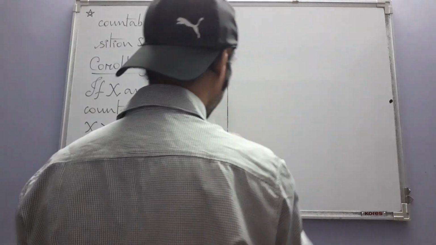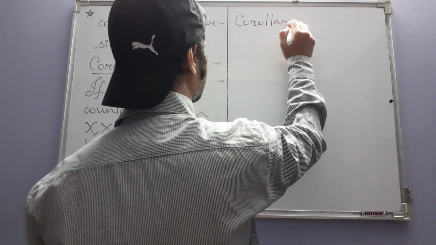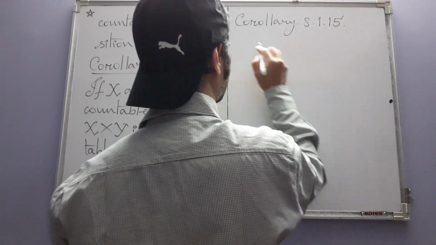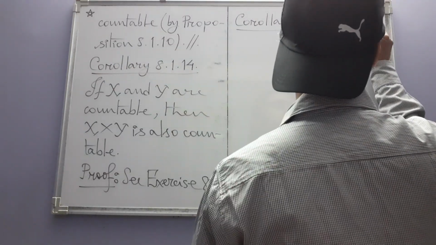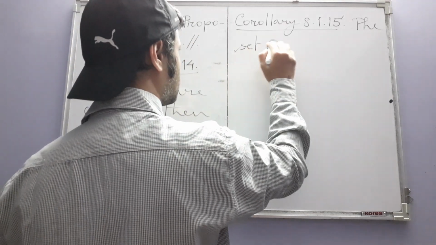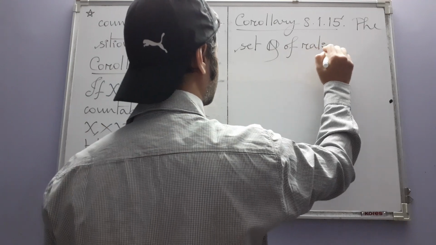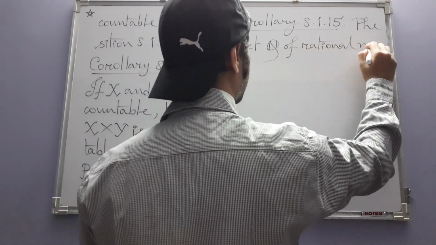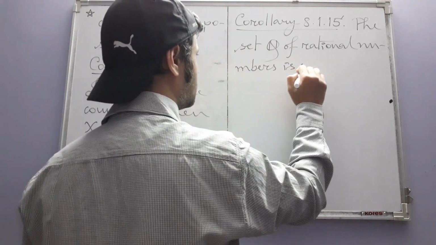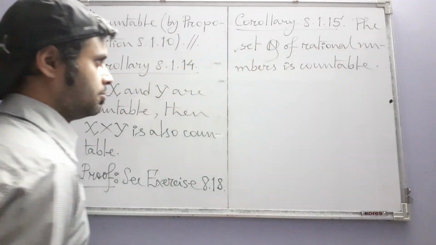And now finally, corollary 8.1.15. The set Q of rational numbers is countable.